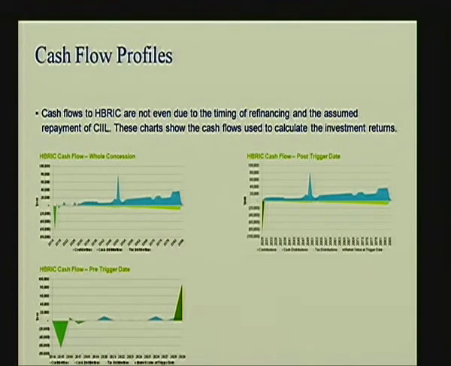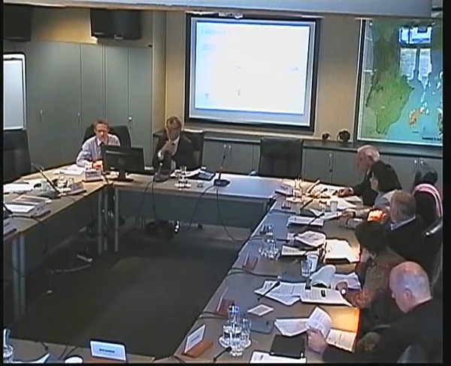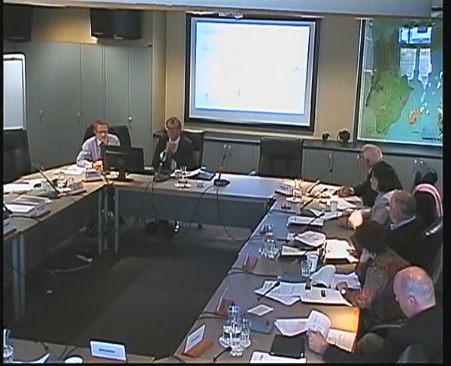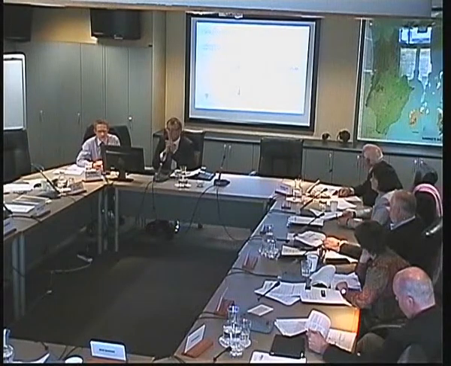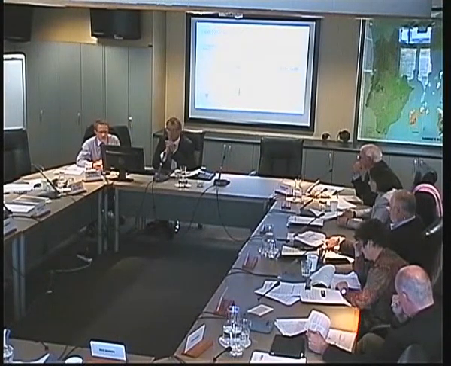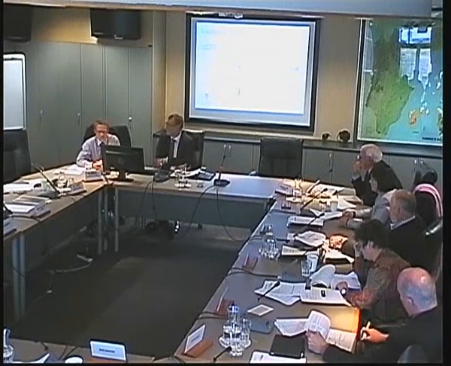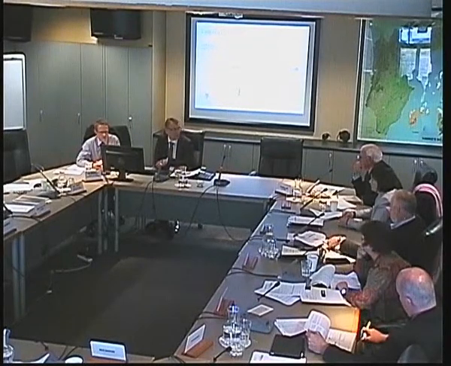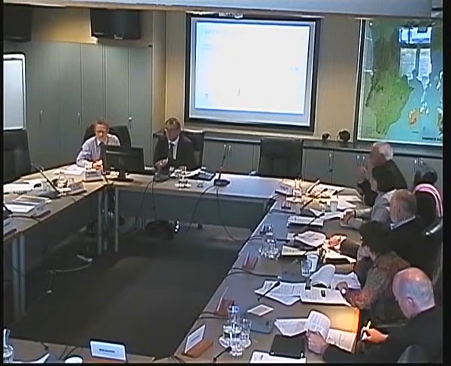And for those that were in attendance at the previous presentation, our interim presentation, you might recall we had a sensitivities table there with two columns: the first column was the returns up to the trigger date, and the second column was the returns over the concession period. Unfortunately at that time we weren't able to share with you the shape and look of those cash flows, and it was a difficult conversation to have in a vacuum.